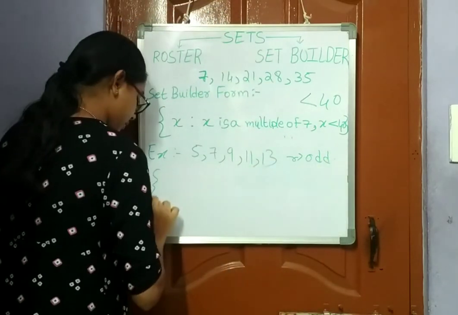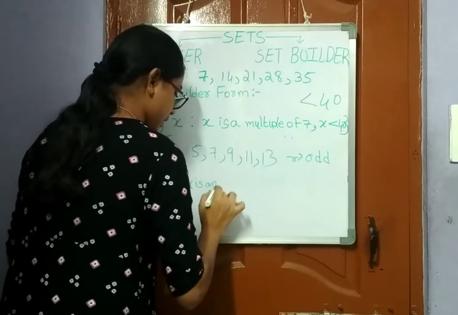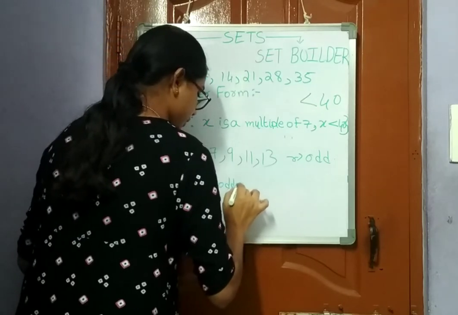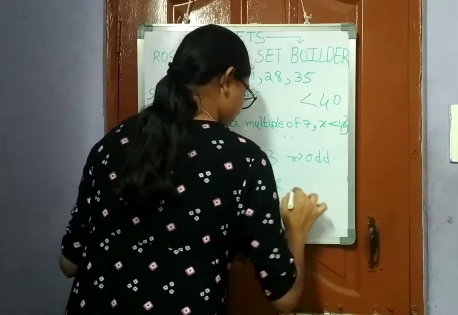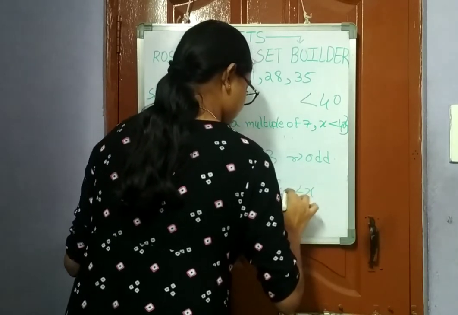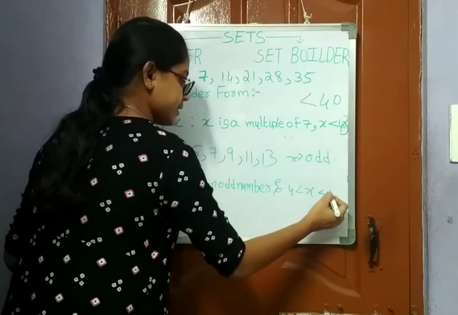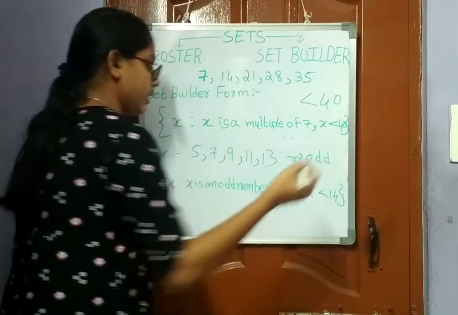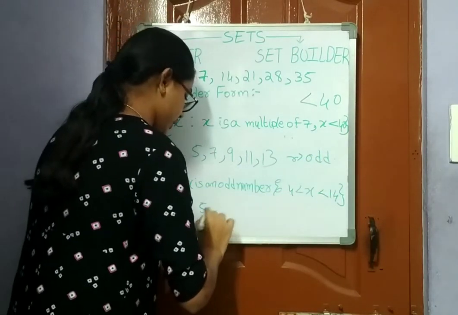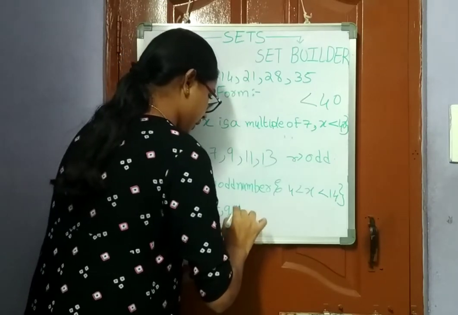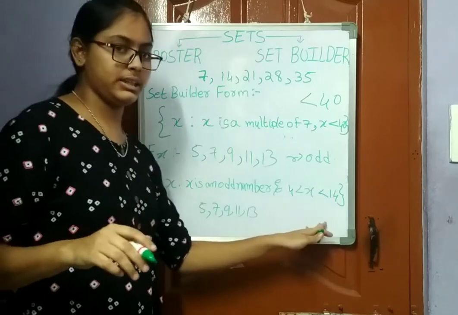So, the set builder form will be X such that X is an odd number and X is greater than 4 and less than 14. Now, the odd numbers between 4 and 14 will be 5, 7, 9, 11, 13. So, all these will satisfy the condition.